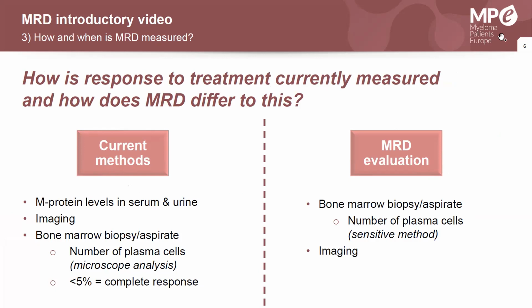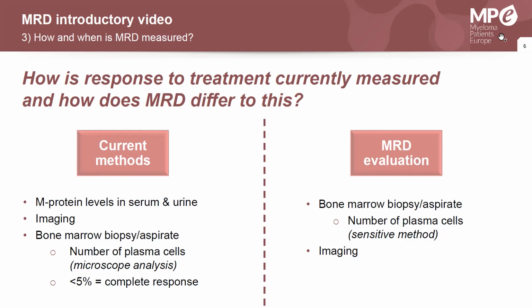This traditional evaluation involves counting cells coming from a bone marrow biopsy and or bone marrow aspirates under a microscope after labeling them with specific markers, which color plasma cells among other cells. A complete response in that case would require, among other criteria, less than 5% of plasma cells in the bone marrow.